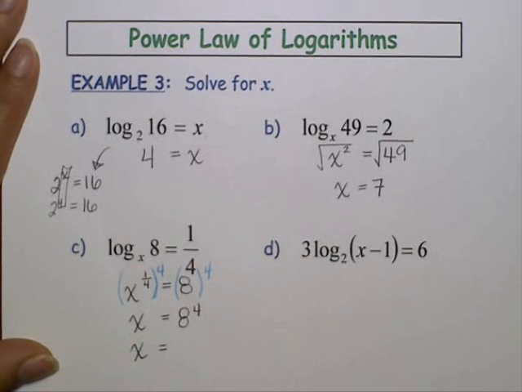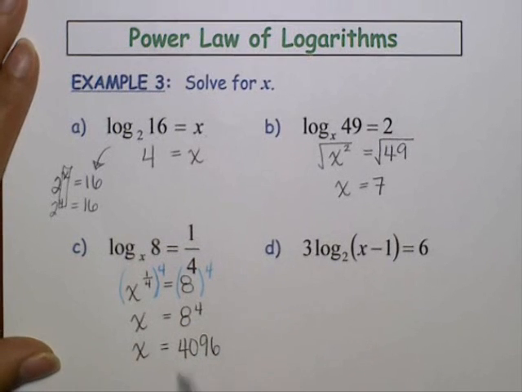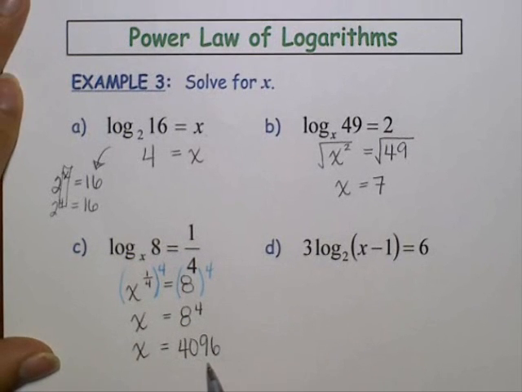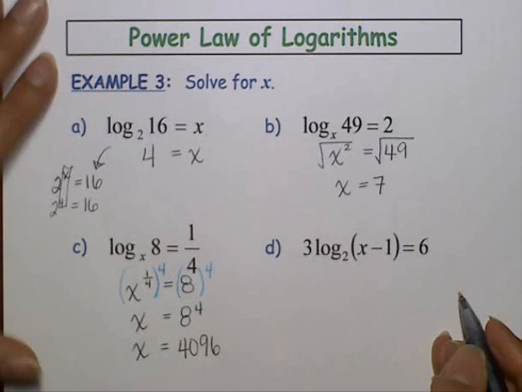And if I use my calculator to evaluate 8 to the exponent 4, I get a result of 4,096. Okay, so what this means is the fourth root of 4,096 gives me an answer of 8.